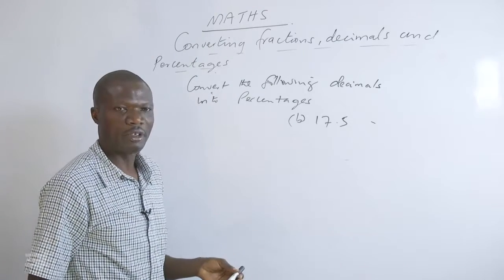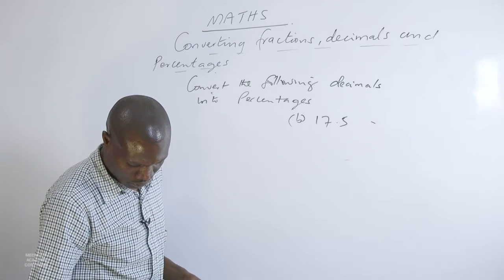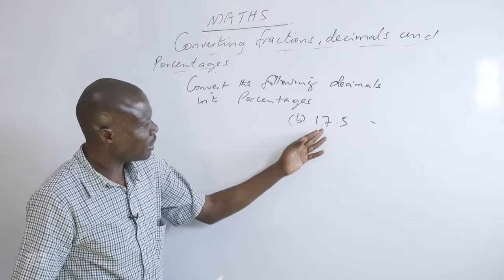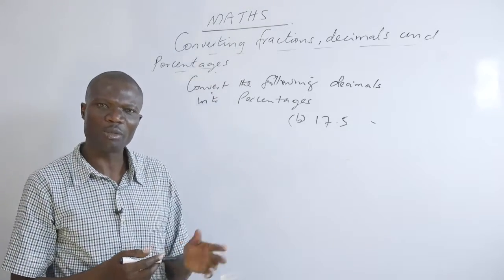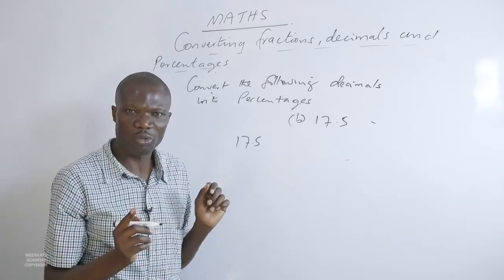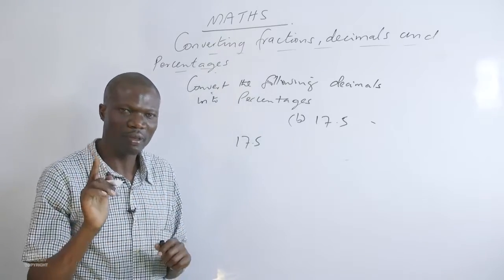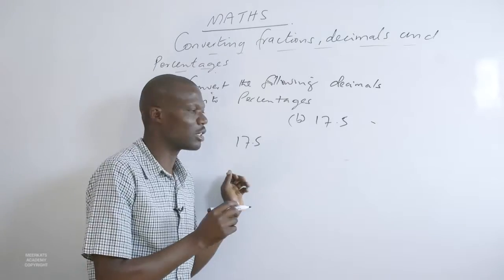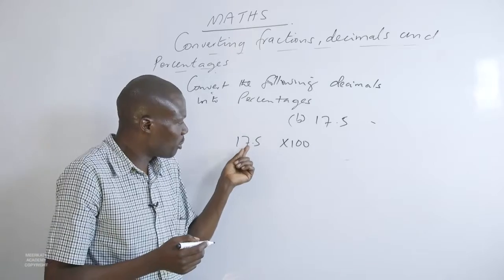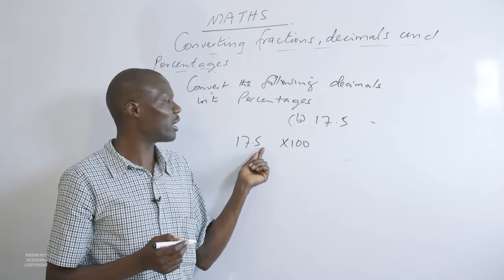For this other one, 17.5, which is a decimal, we convert it into a percentage. Take note of this. Multiply by 100. Now look at this. When we move to the right one step, we are already at 175.